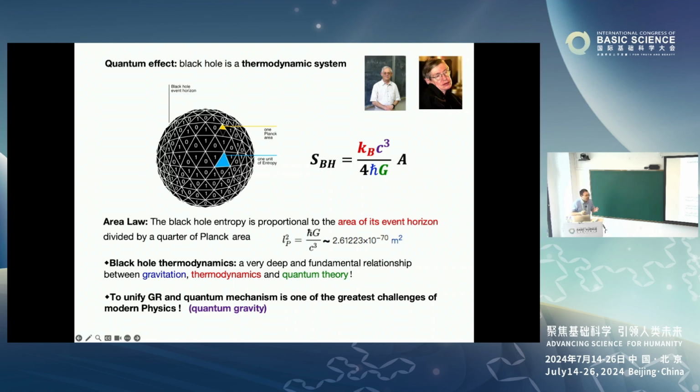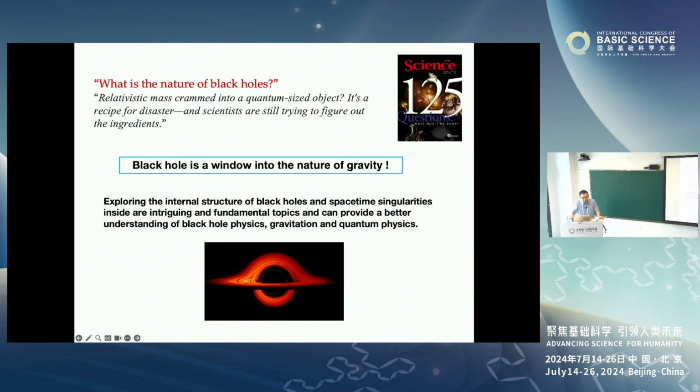But so far, how to unify general relativity and quantum mechanics is still one of the greatest challenges in modern physics. We have no complete theory of quantum gravity. Although we know many features of black holes, frankly speaking, what is the nature of a black hole? We have no answer.